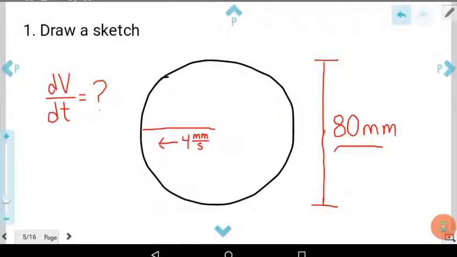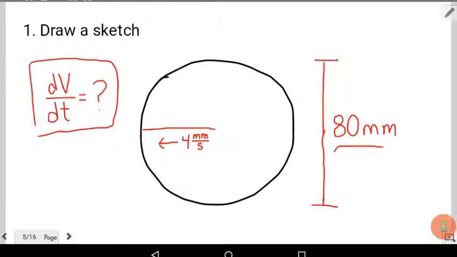So that dV dt over there, there's not really a way to represent that in our drawing. I just wrote it off to the side to remember that's what the question's asking us to find. That dV dt is just saying the rate of change of the volume, which is the V, in relation to time, which is where that t comes from.